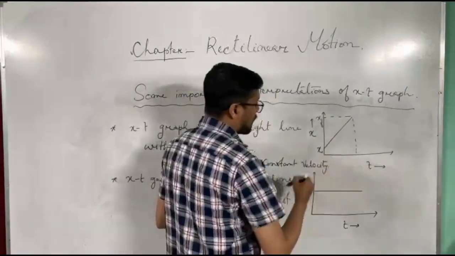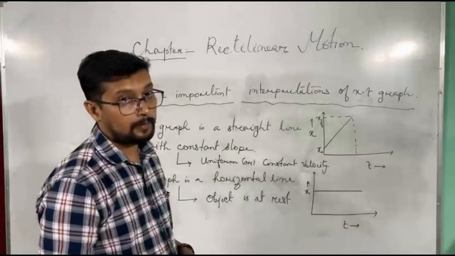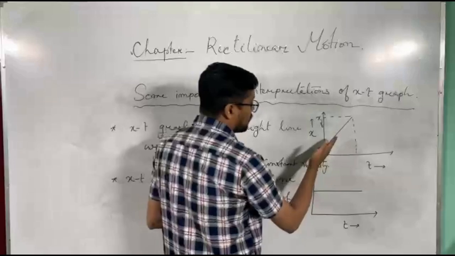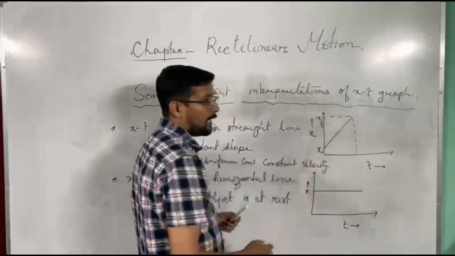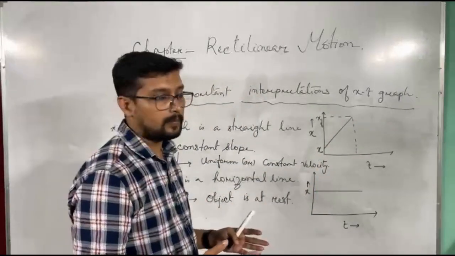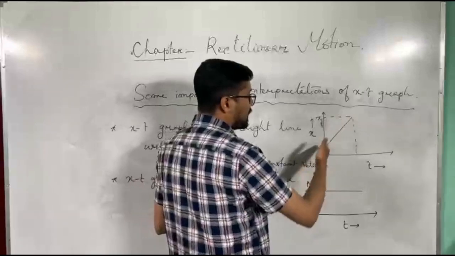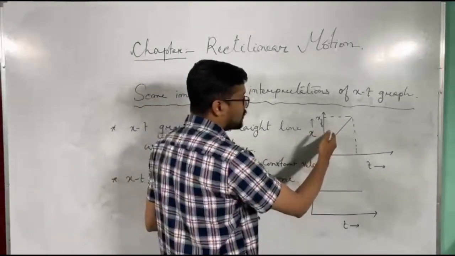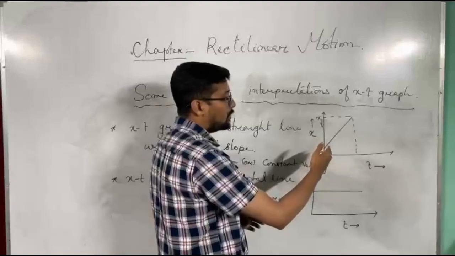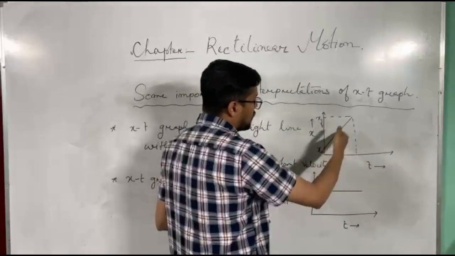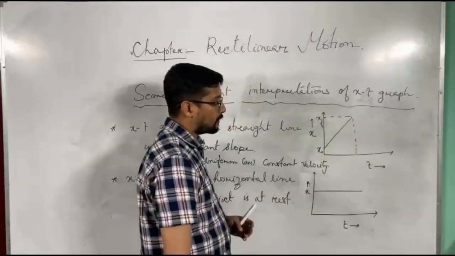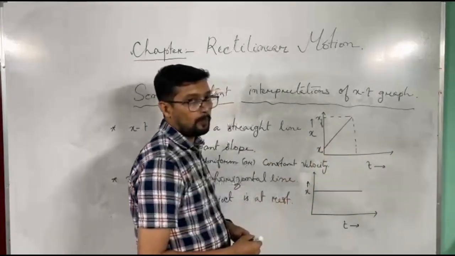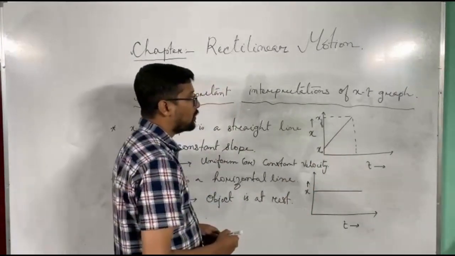In the xt graph, slope represents velocity, and we know a straight line has a single slope. That means the slope is the same anywhere you take, meaning the velocity is going to be the same at all time instants. That is why a straight line with constant slope represents uniform velocity.